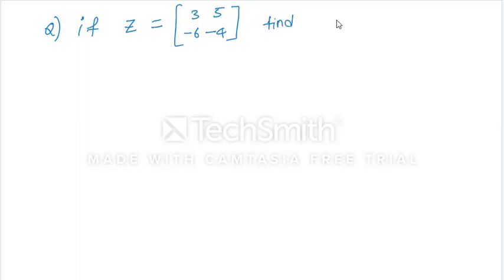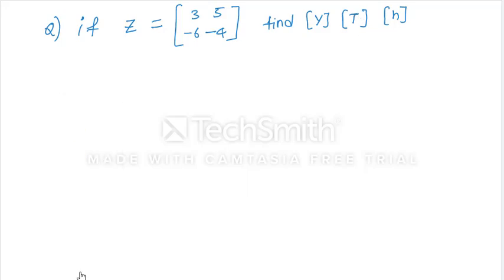Take this problem as, if the z parameters we got are 3, 5, minus 6, minus 4, if they are given like this. Now I want to find the other parameters, that is, I want to find the y parameters, and then the t parameters, and then the h parameters. Anyway, we'll do this.